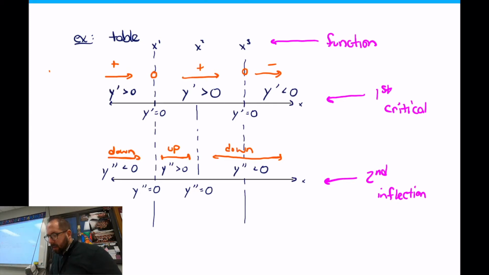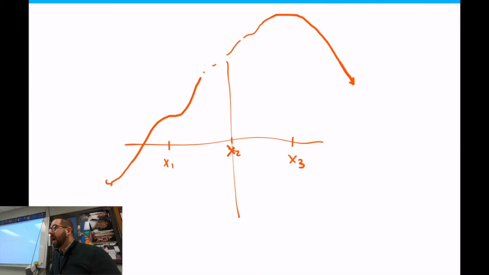So if I go back to my graph and clean it up now, it was concave down up to x1. Perfect. After x1, it was concave up until the point where at x2, it suddenly switches. This is the halfway point.